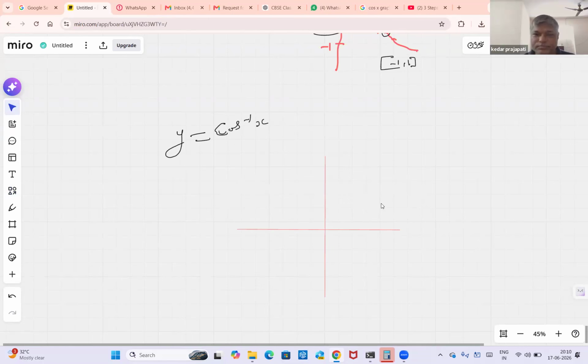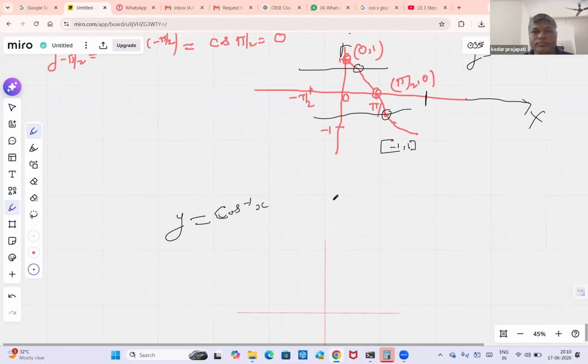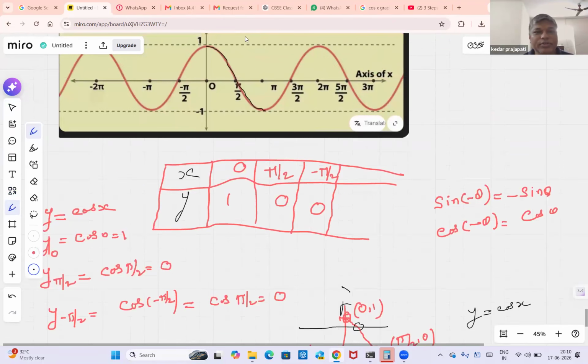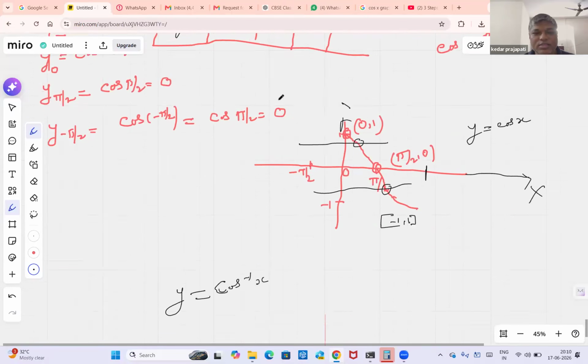All right. Now, what did I say? How our graph is looking? Our graph is looking like this. We look at here and look at here. From here till here it is going.